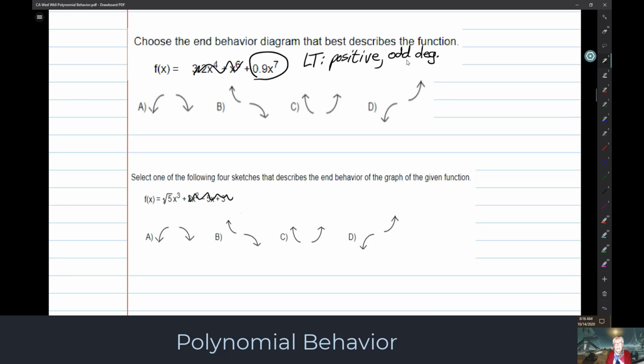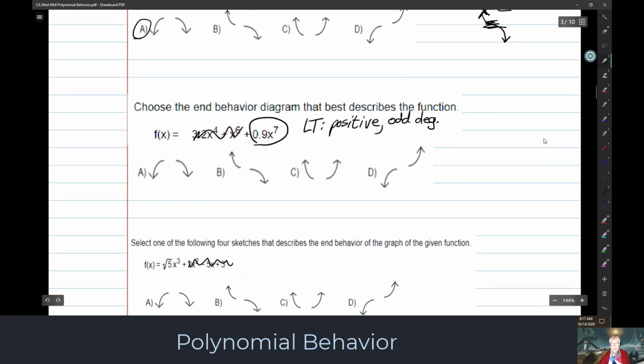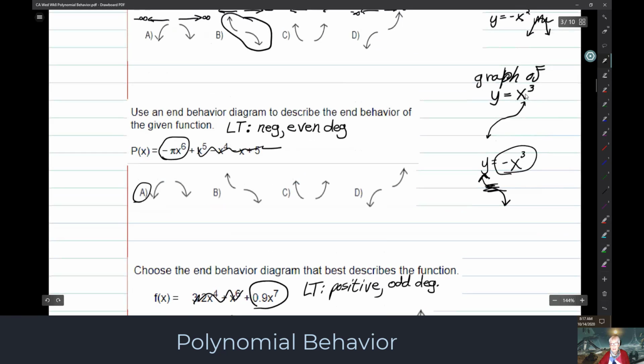Well, the odd degree means it's going to look on the ends like either y equals x to the third or y equals negative x to the third. Since it's positive, it's going to look like y equals positive x to the third, which means it goes up on the right and down on the left, way out at the extremes.